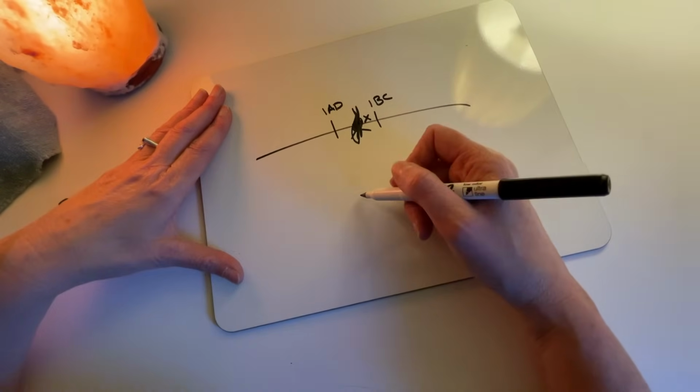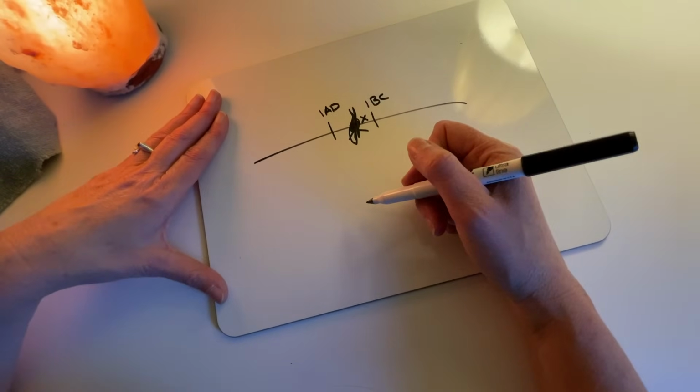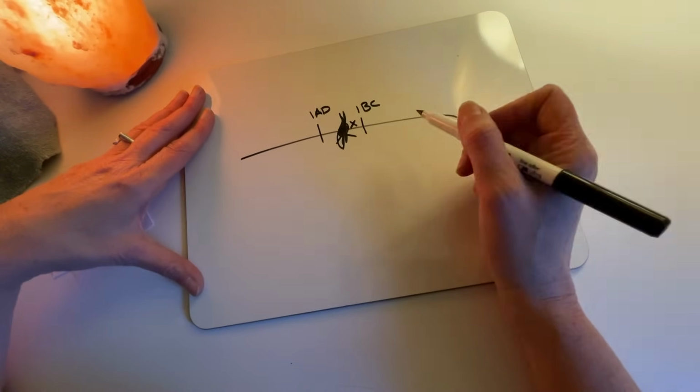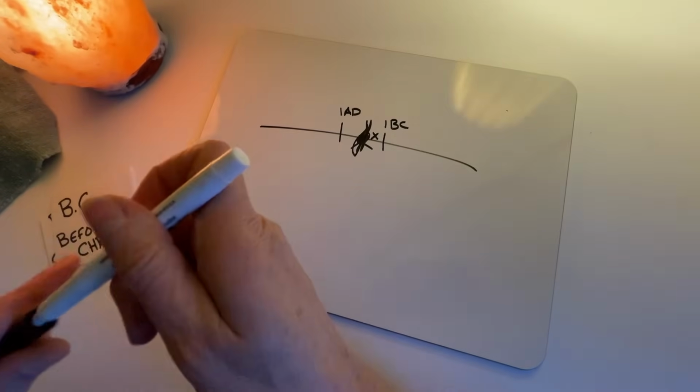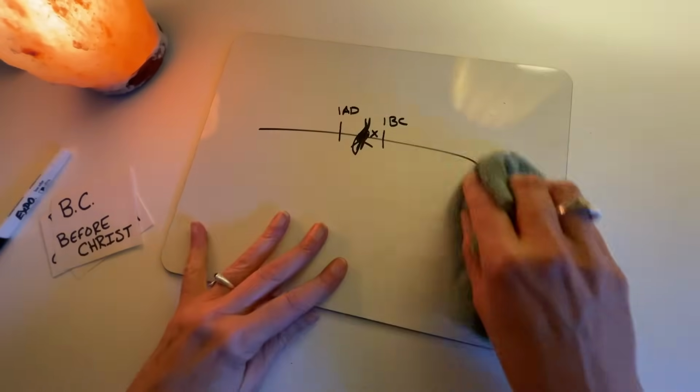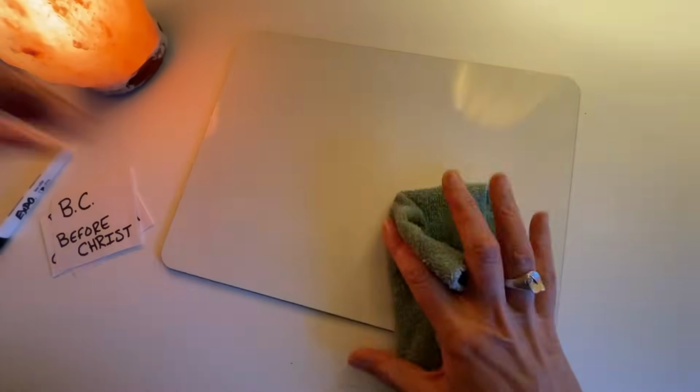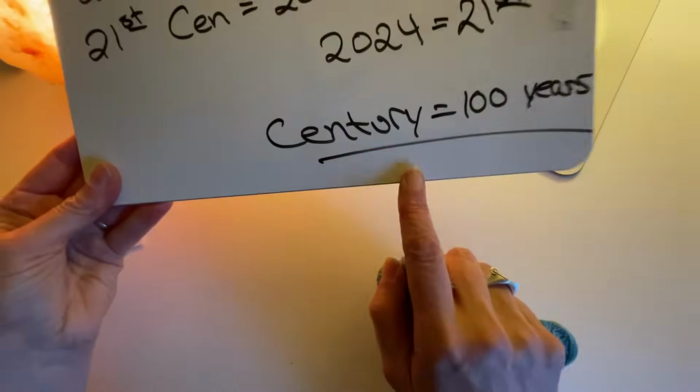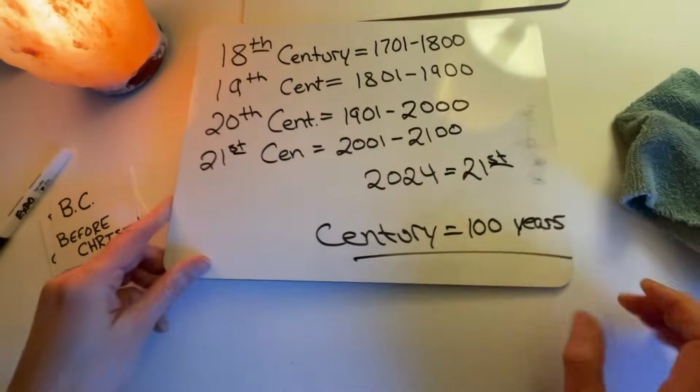Well, I can't think of anything else. So I hope that was pretty clear, and that helped if anyone felt like they never quite understood it. I can't believe I forgot to say a century is 100 years.